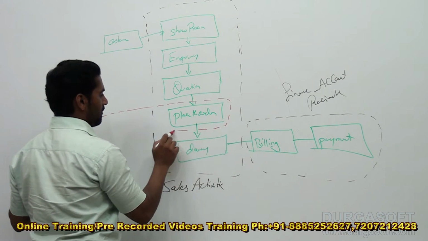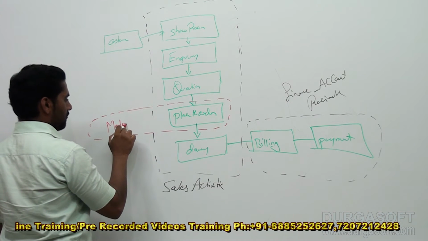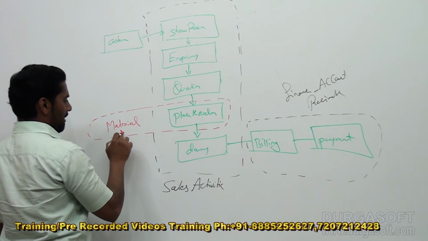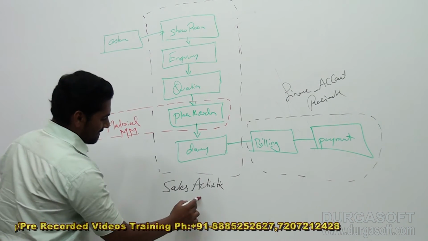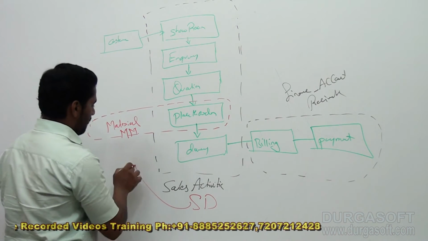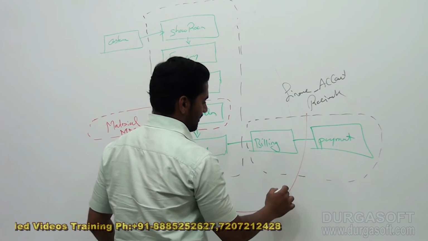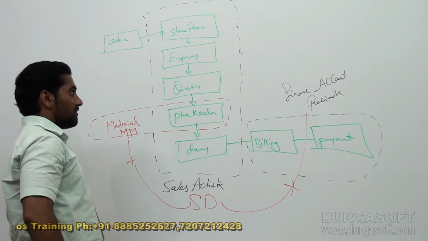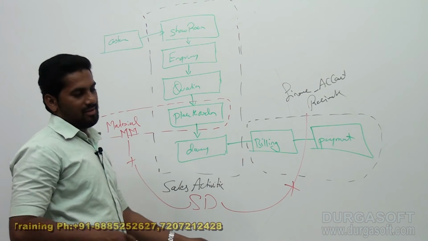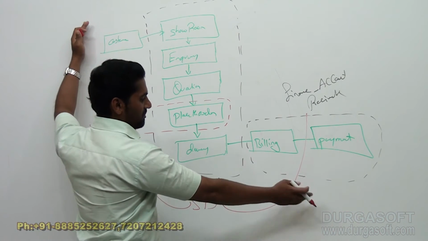When you place the order, you check with MM, which is called material management. So SD is integrating with the help of MM as well as finance. This is how it will take care of this part. So this is how the activities will take place in each and every case on this complete data flow structure.